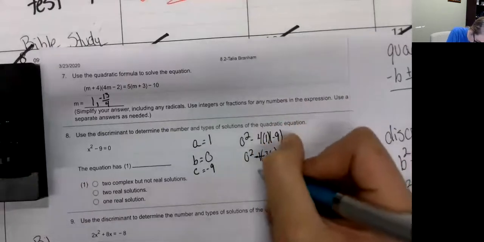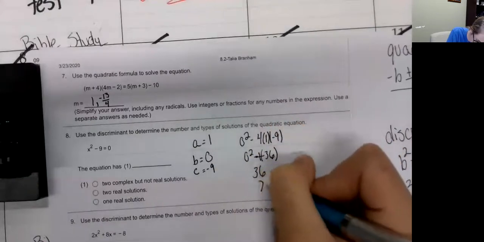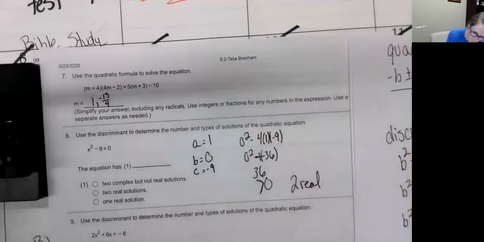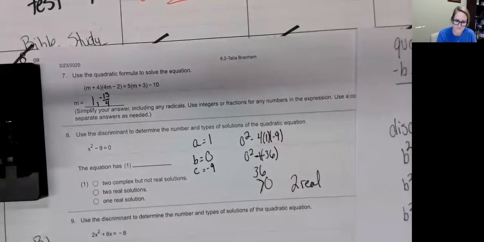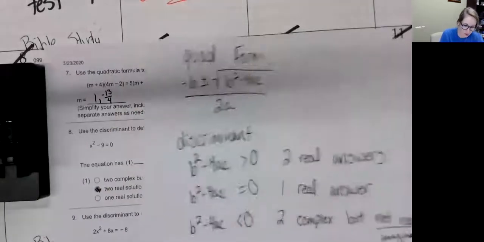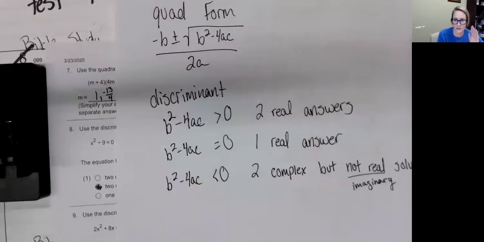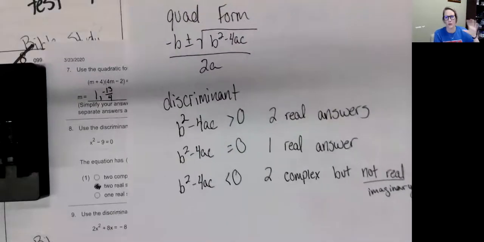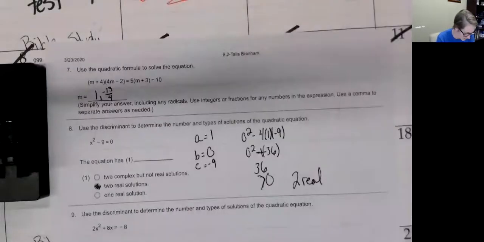So that would be a positive, so it'd be 36. 36 is greater than 0, so 2 real. And then you're going to need this for that. So I hope everybody watches the videos at this point.